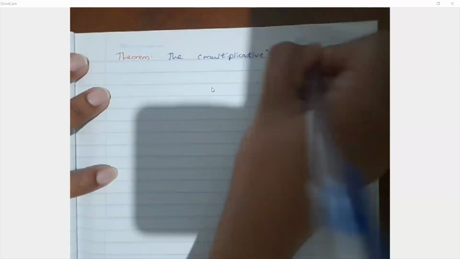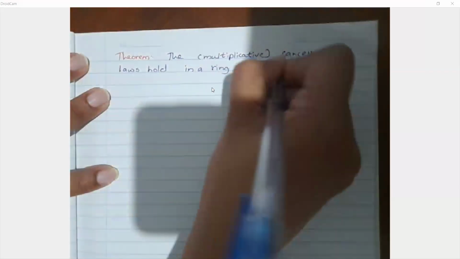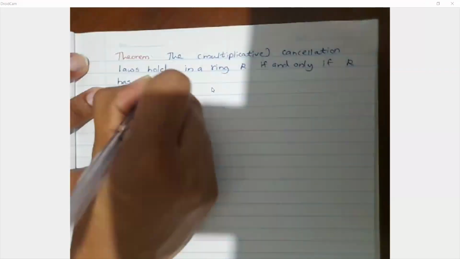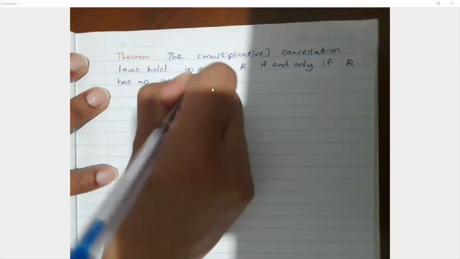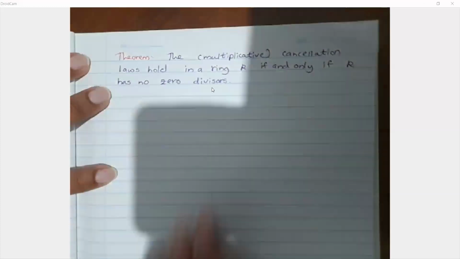Multiplicative cancellation laws hold in a ring R if and only if R has no zero divisors.